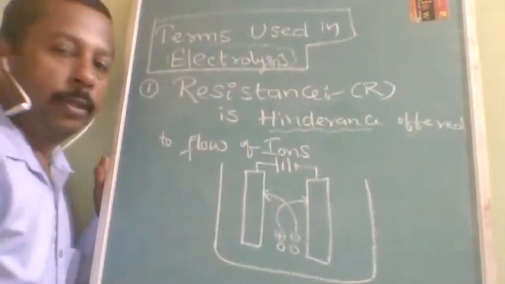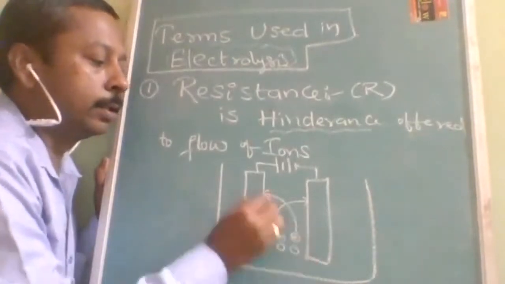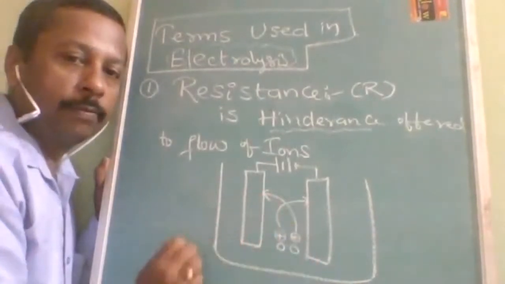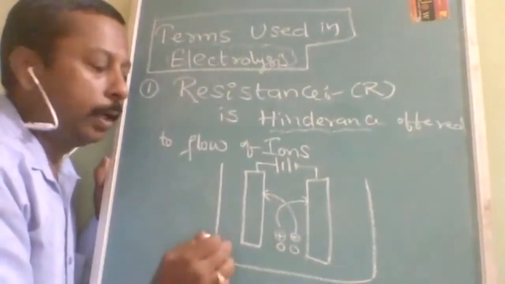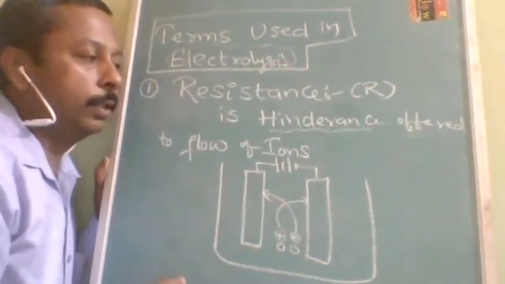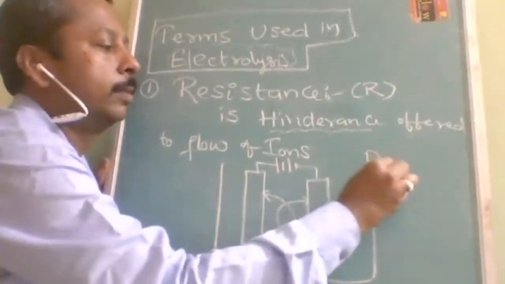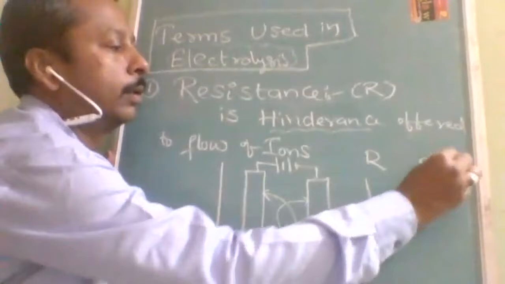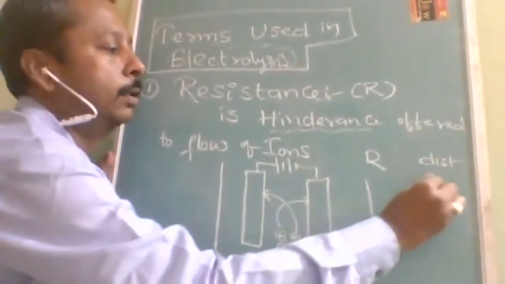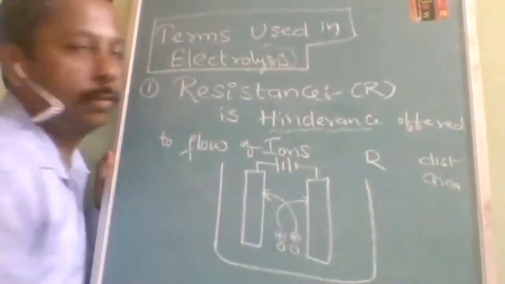So when the negative ion reaches the electrode, it depends upon two factors: how much distance it is and how much area. That means resistance depends upon distance, first, and area, second.